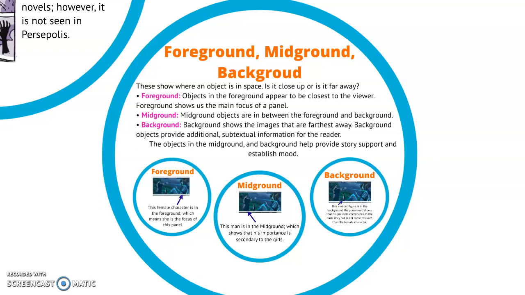A background, obviously, anything that's going on in the back of the picture, farthest away. It's subtextual information for the reader. The objects in the midground and background help provide story support and establish mood. So I think it's safe to say that if we see something in the background, it's probably not as important, but could be relevant to the story.